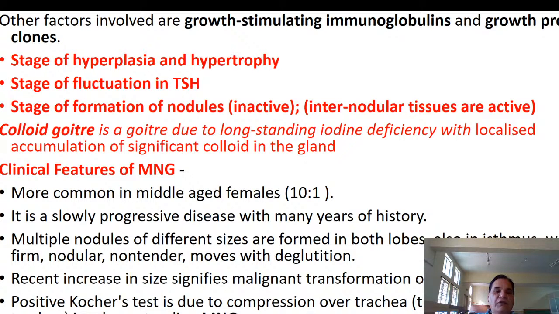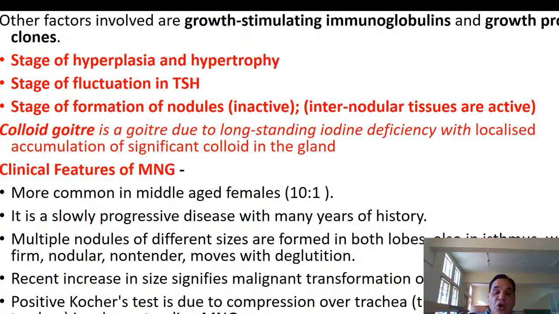So what are the clinical features of MNG? Common in middle-aged females, 10:1. Slow progress over years. The nodules are of different sizes and occur in both lobes and isthmus. A recent increase signifies either hemorrhage or malignancy.